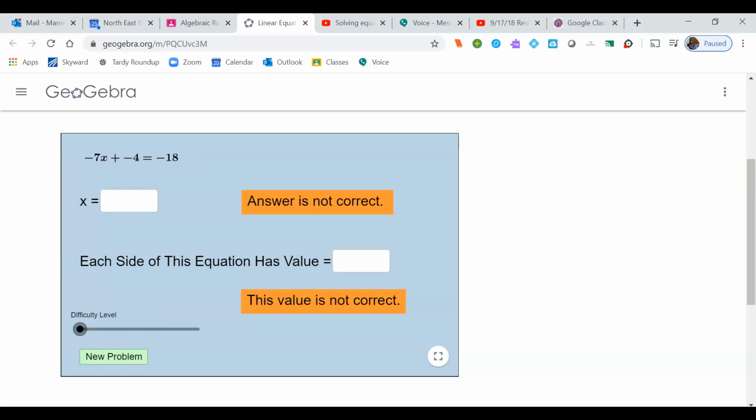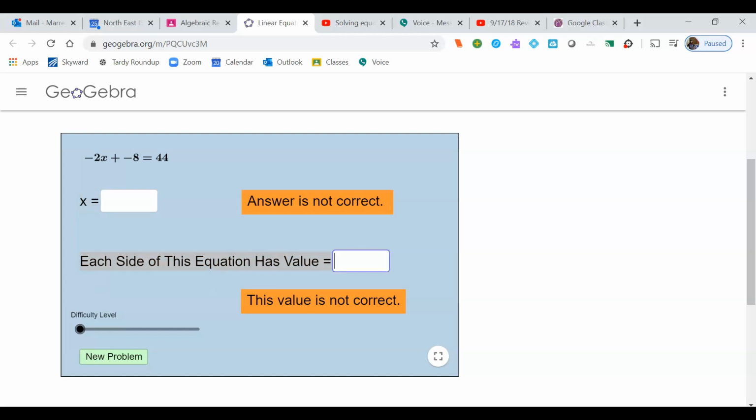Now you can make this as easy as possible. So let's see right here, I'm sliding it to the left for difficulty level. So what I do is on some sheet, like some notebook paper or some printer paper, I'm gonna solve this, put my answer there, and it's gonna tell me if it's correct or not.